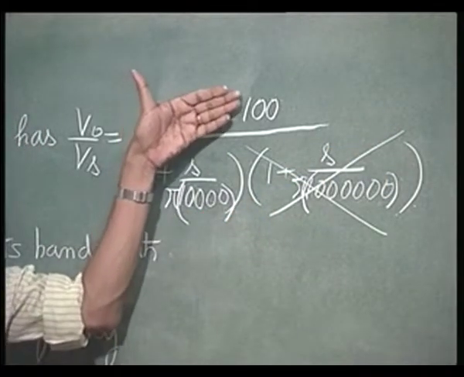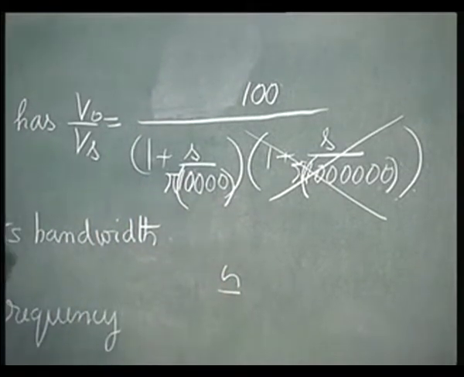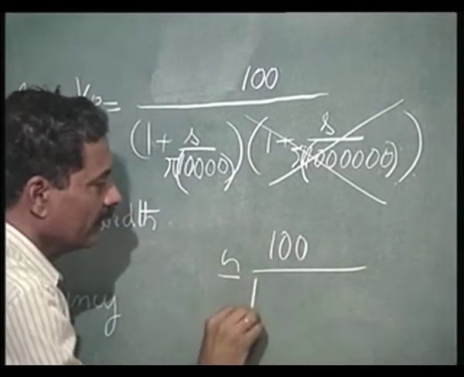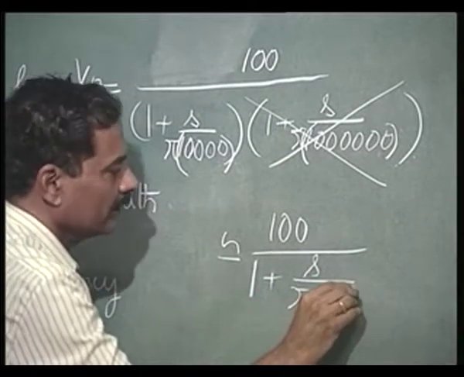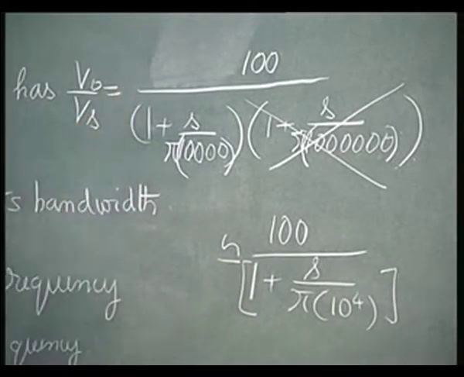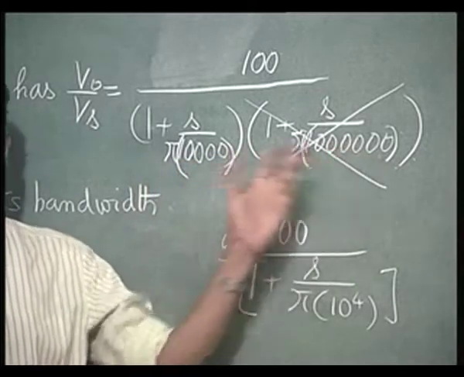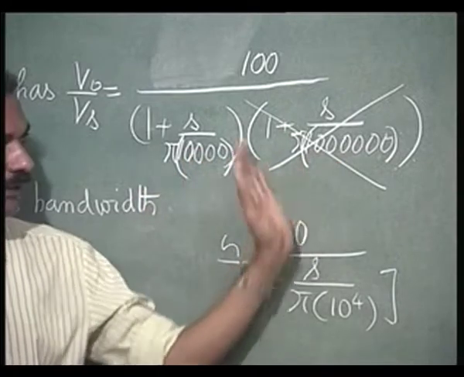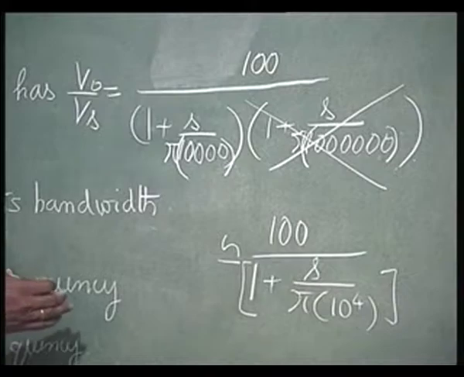Therefore, even though this is a second order system, this can be equated for practical purposes within the range of interest. It is only 100 divided by 1 plus S by pi into 10 to power 4. So, this is how we can approximate. This is 10 to power 4, this is 10 to power 6, there is a 100 magnitude difference. Okay. So, we can ignore the effect of this within the useful range of the amplifier.